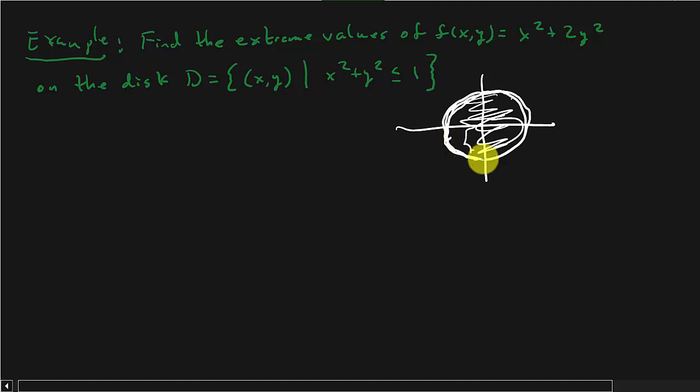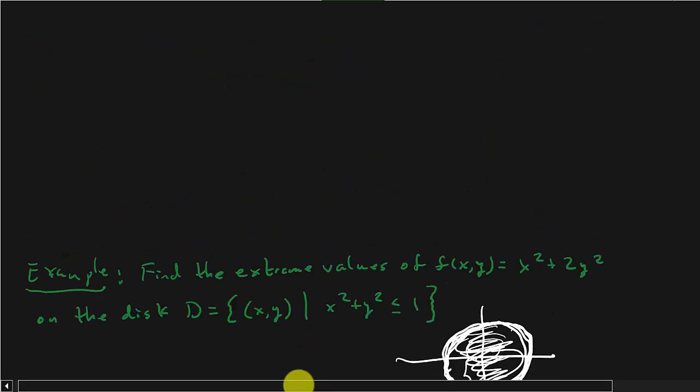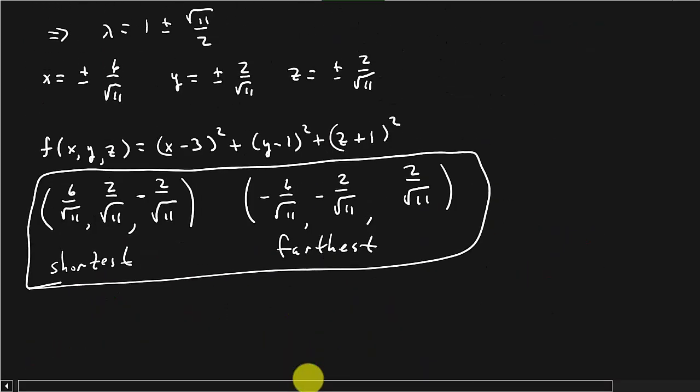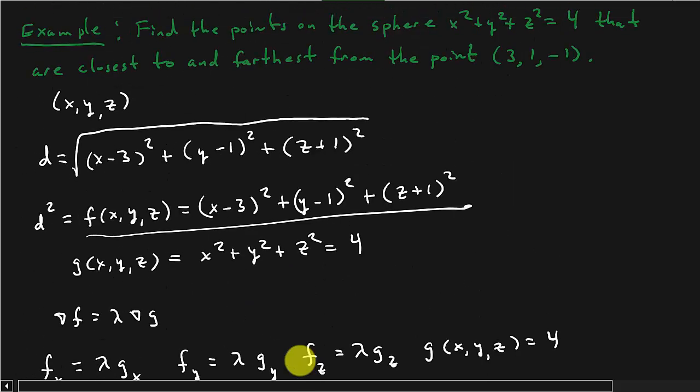So we would need to find the maximum and minimum values on the circle. On the circle, and then we would need to look in here. Well, what's nice about this problem, remember, we want to look where it's on the circle, so that would be x squared plus y squared equals 1.